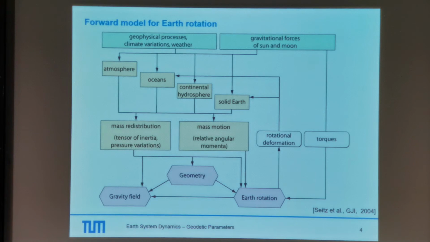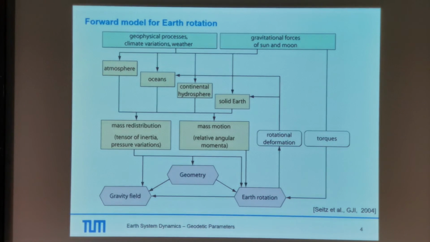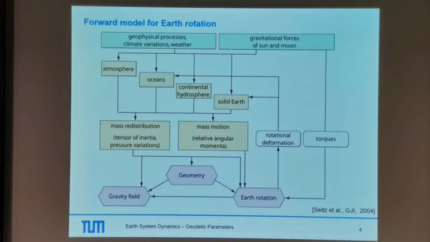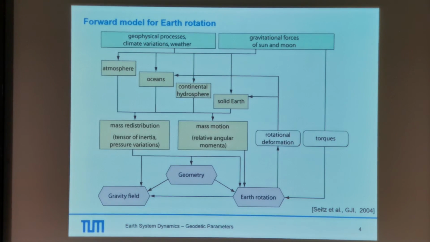It is pretty sure that the rotational deformation also affects the atmosphere, since the atmosphere is a co-rotating layer of the Earth, so it co-rotates with the Earth. If the Earth's rotation is changing, also the centrifugal potential in the atmosphere must change.